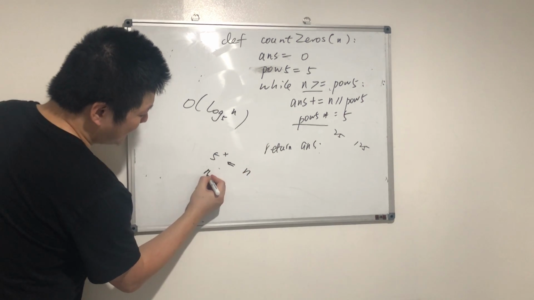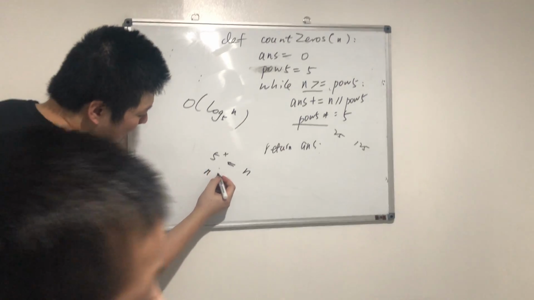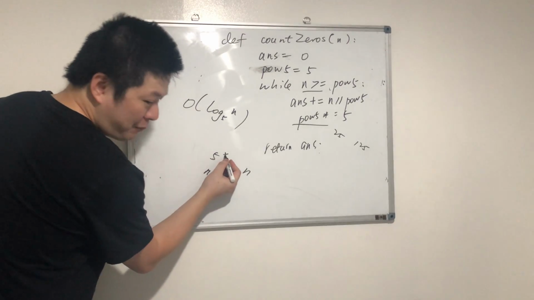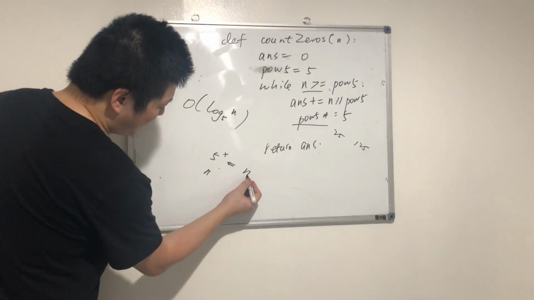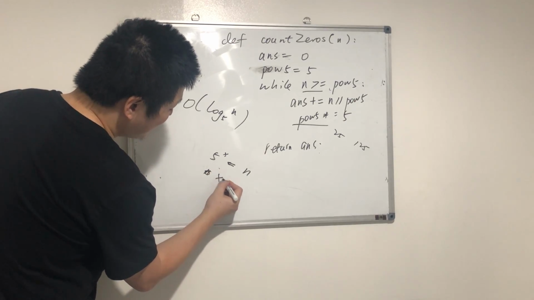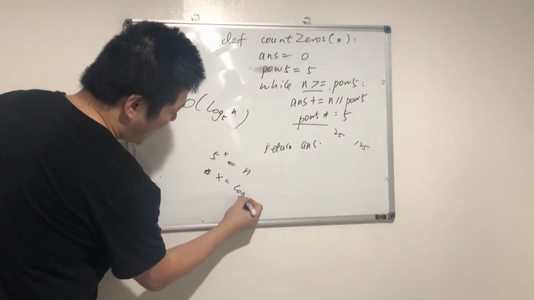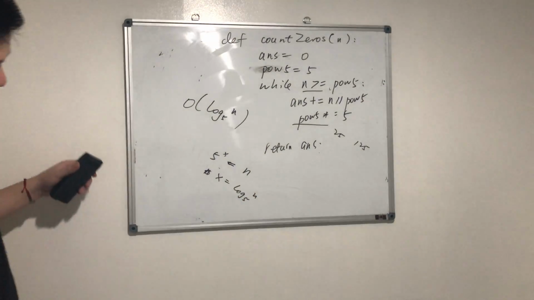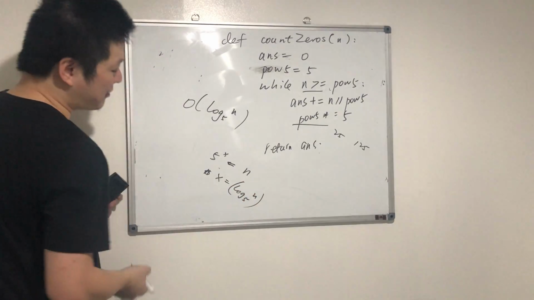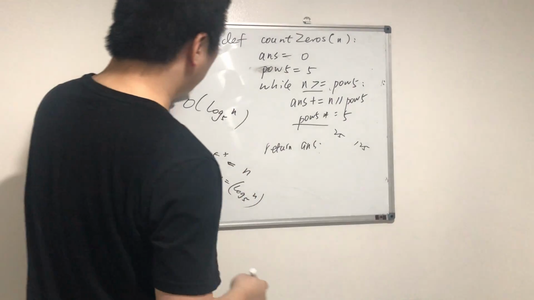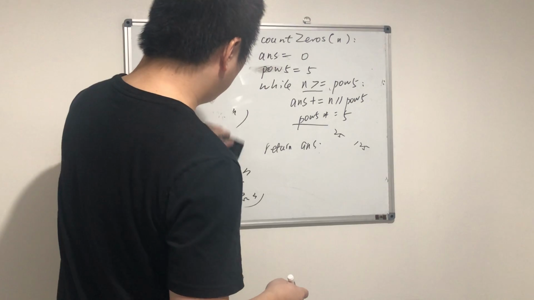So 5 to the power of x equals n. Then what can we do? So x is log base 5 of n, right? So the complexity is this one. It's the same as the previous one, log base 5 of n.